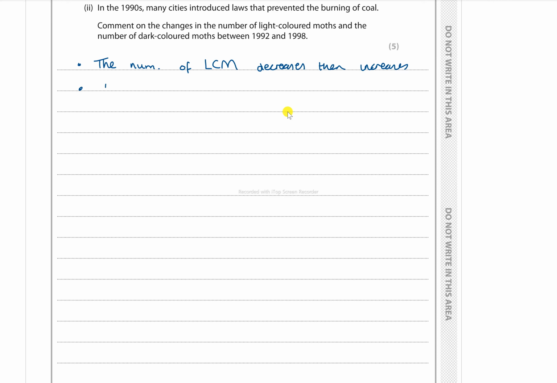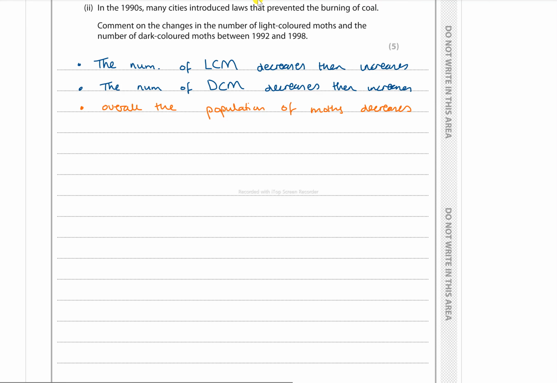We can say the same thing about the number of dark colored moths: decreases, then increases. Right, so we can make those statements. Then we can say overall the population of moths decreases. So we made all these statements.